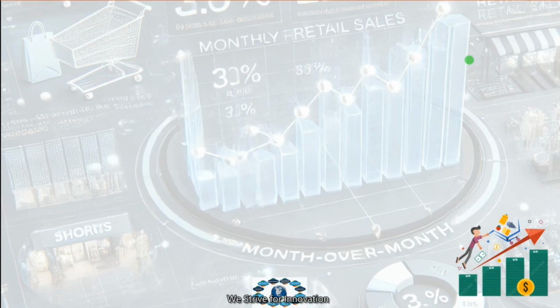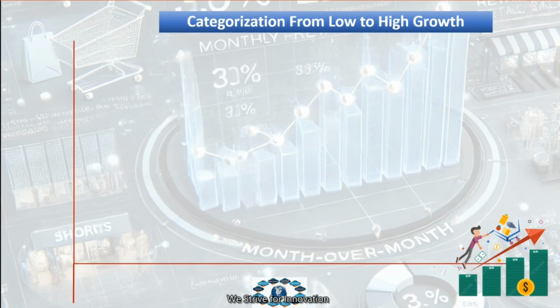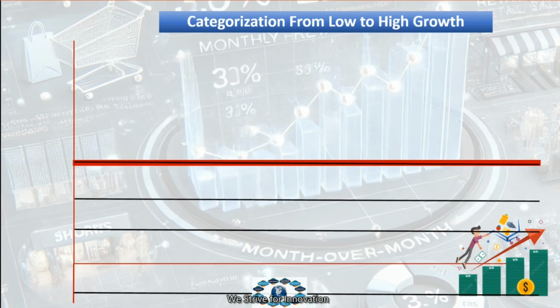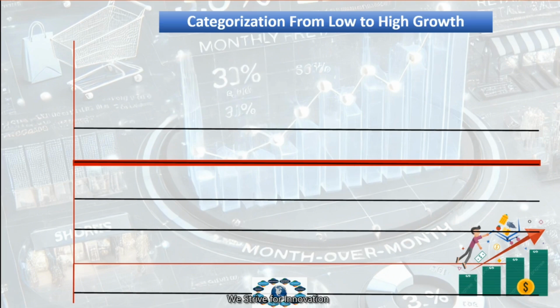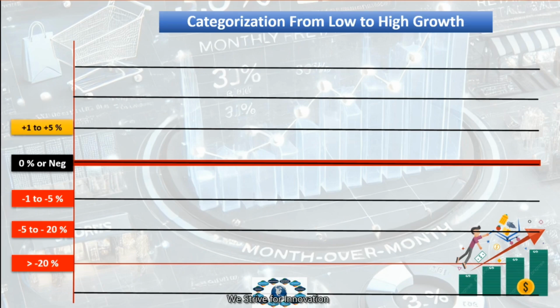Now let's see how we categorize it, from low to high, because this is very important for us to conceptualize how this growth works out, and to visualize at what level there is growth or decline. Here I will give you a snapshot so you can understand.